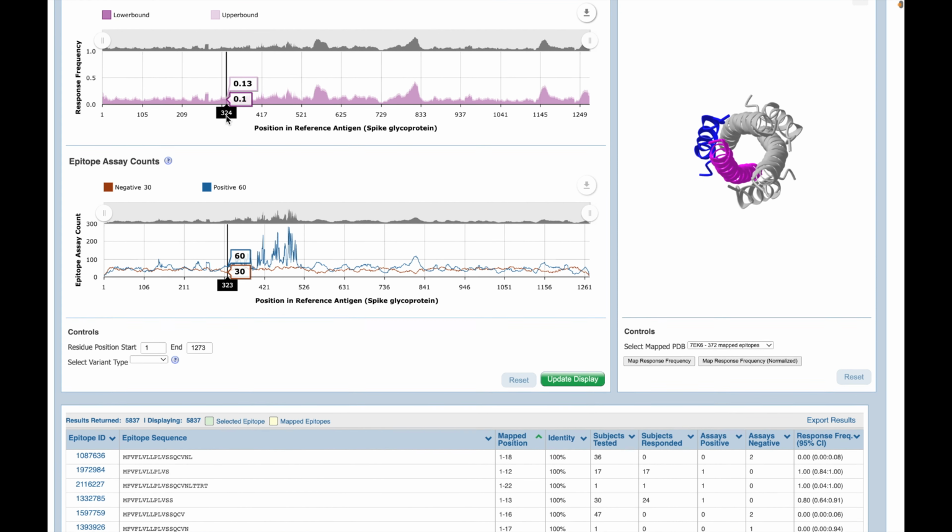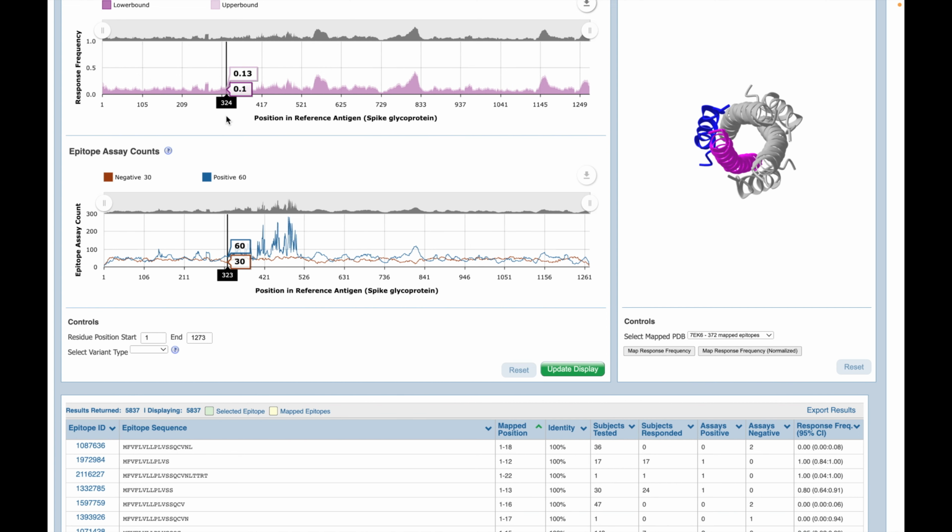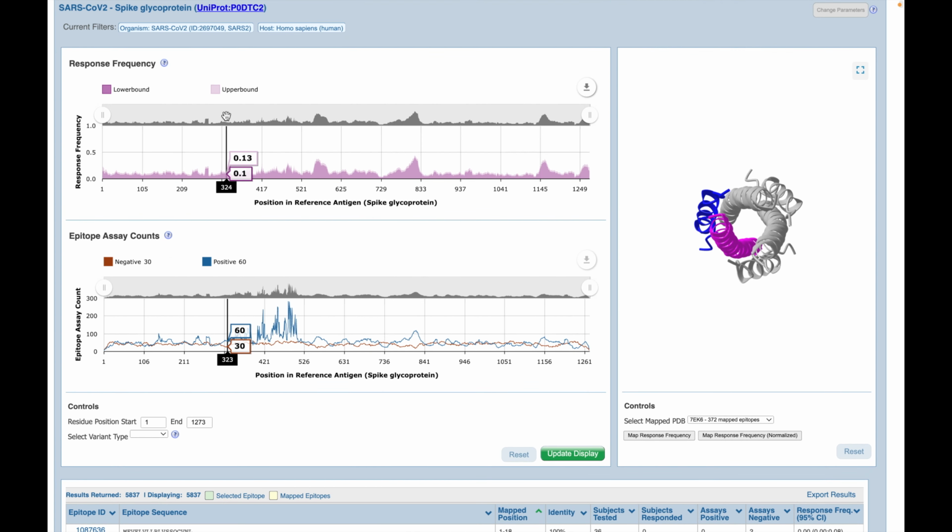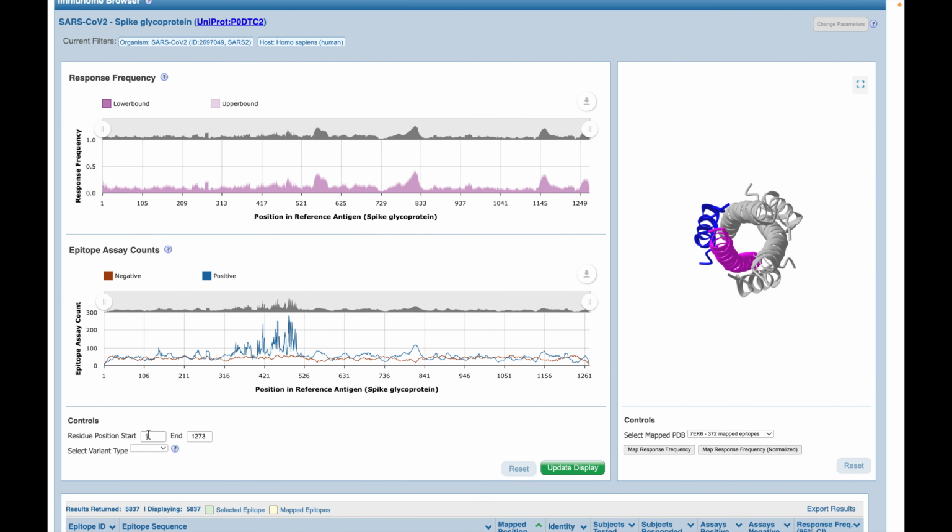And going down here, we have the epitope assay counts. What this graph shows us is how many times a specific amino acid is present in a positive or negative assay, and it gives us an idea of the immunogenicity of the region. For this specific lab, we have a residue position from 300 to 600.